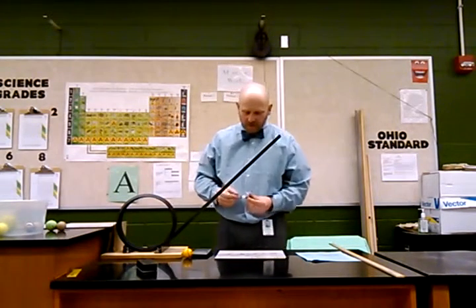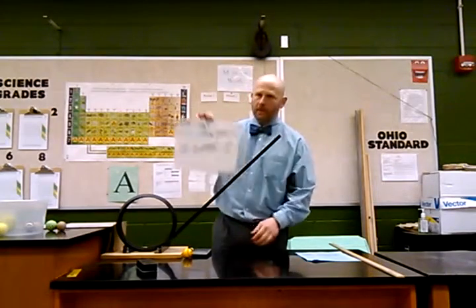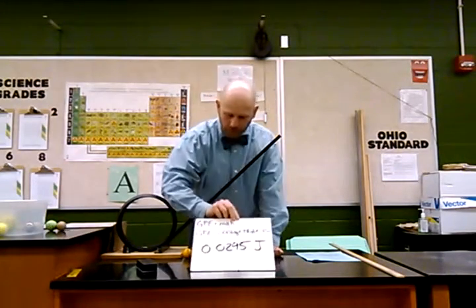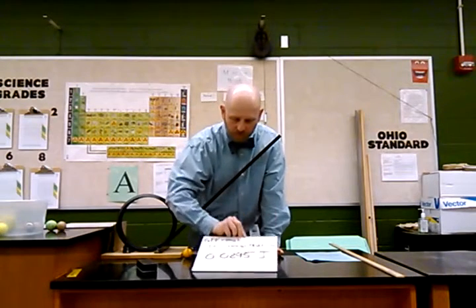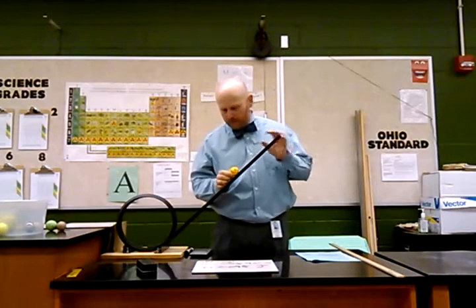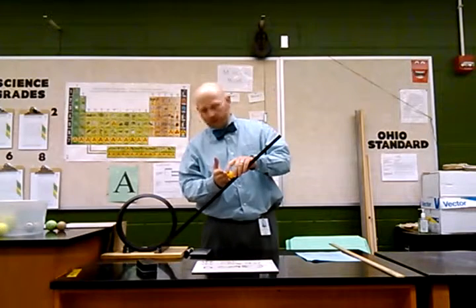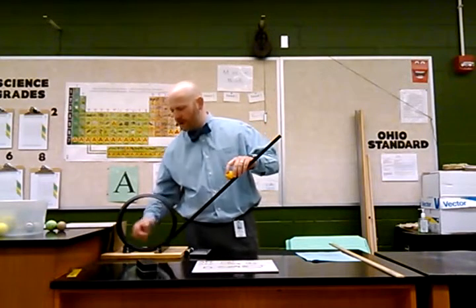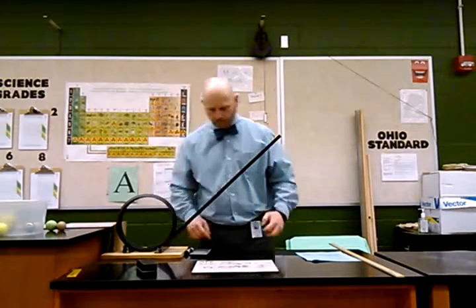Okay, I rounded. So here I've got 0.0295 joules, and we can see that we've increased the mass of our object, but we returned to that same height of 0.35 meters, and we were almost at enough gravitational potential energy to complete the circuit.